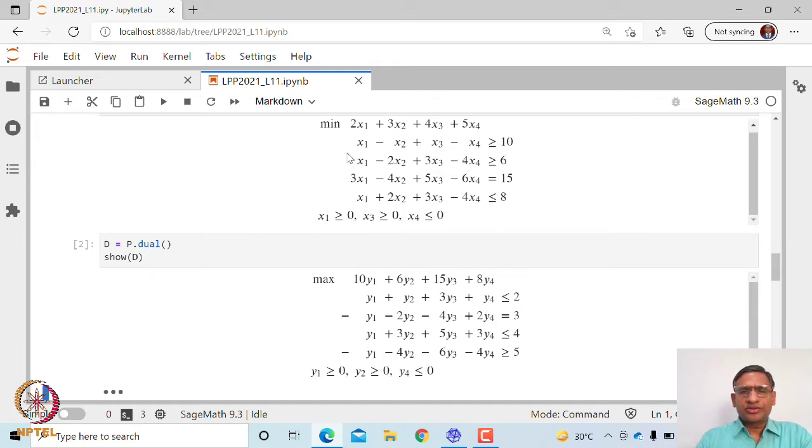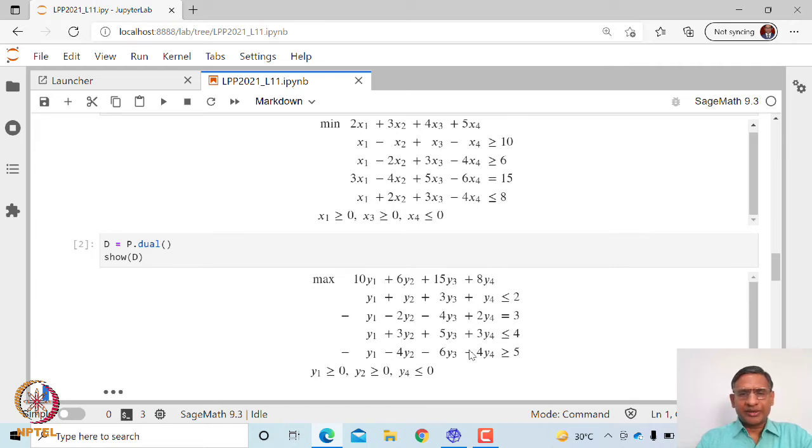So if we call this coefficient matrix A, this coefficient matrix will be A transpose. The design variables will be y1, y2, y3, y4, and the right hand side here is 10, 6, 15 and 8, which has now become the coefficient of the objective function. So 10y1 plus 6y2 plus 15y3 plus 8y4 subject to these constraints.